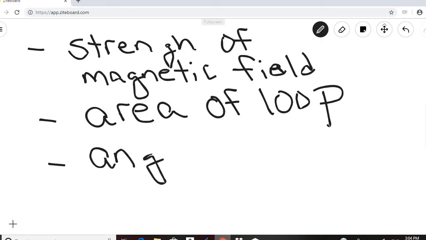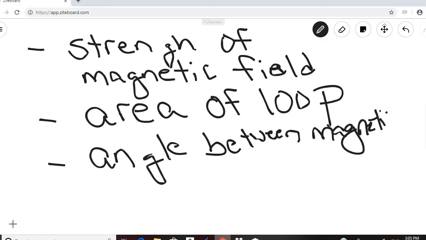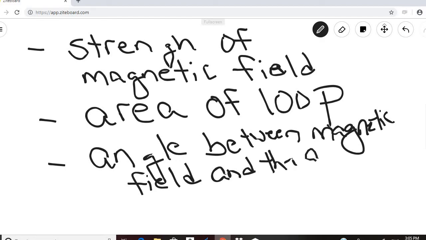And it's affected by the angle between the magnetic field and the area that is enclosed by the conductor.